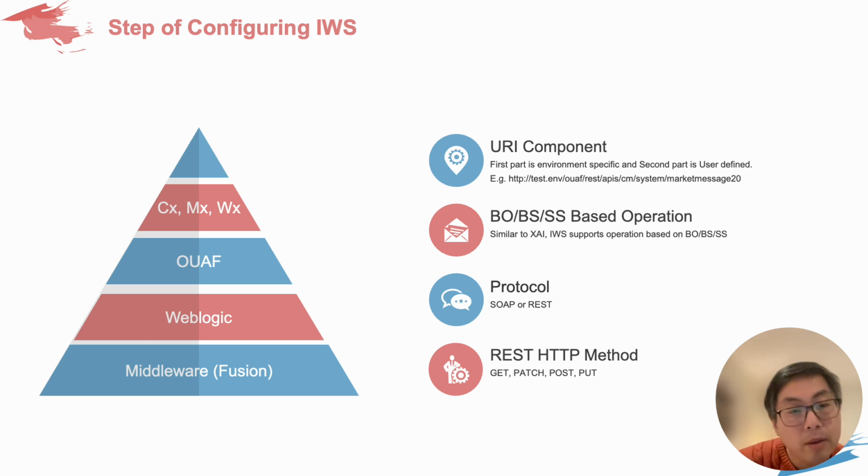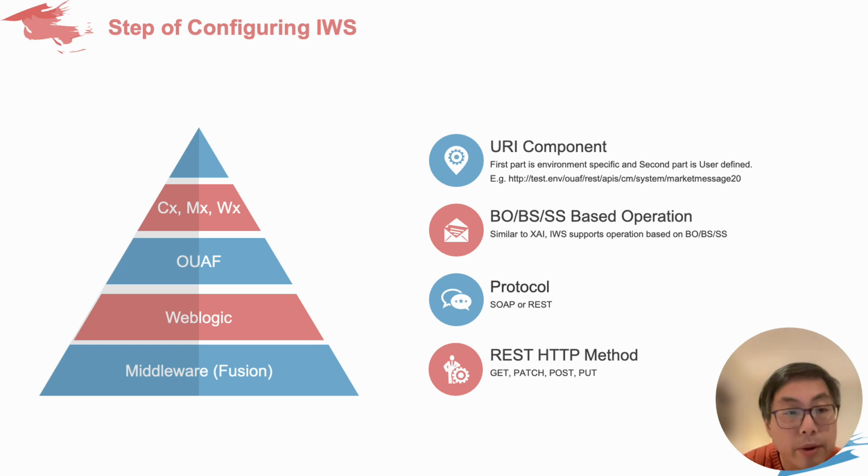And then if we look at how to configure IWS, let's look at the left first on this picture. As I mentioned, for the middleware, normally we have Fusion, for example. And for the framework, we have WebLogic sitting as the domain technology. And then the OUF is the base.